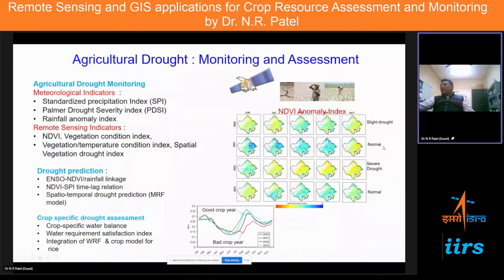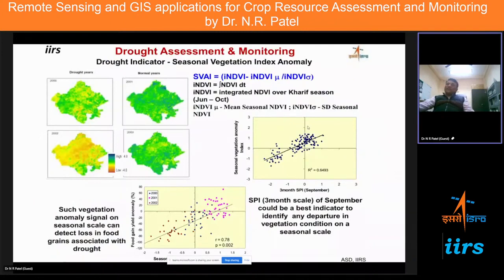So slight drought, normal, severe drought, normal, all different categories in Rajasthan. This is one state, Rajasthan, that we could depict with satellite remote sensing. If you integrate it seasonally, that can serve as an index for crop loss detection also. You can see here, the seasonal vegetation anomaly index is highly related with the food grain yield anomaly of Rajasthan.